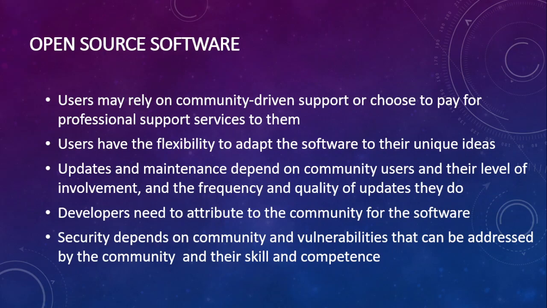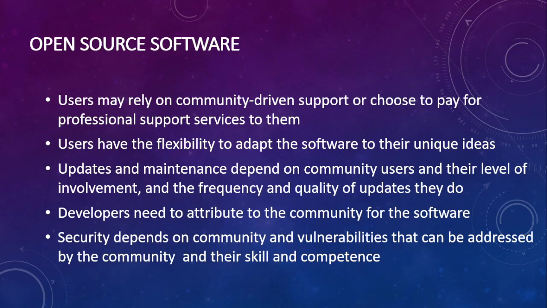Open source is primarily used because it gives us flexibility to implement our unique ideas, and the updates and maintenance will depend upon the community users, their level of expertise, involvement, and the frequency with which they do updates.